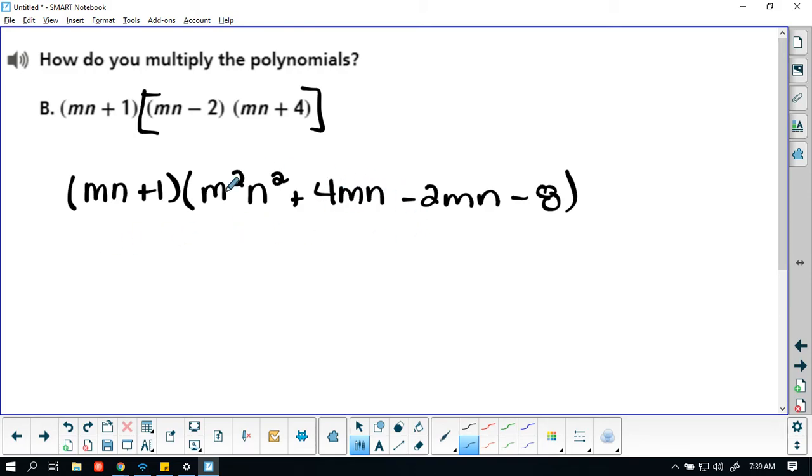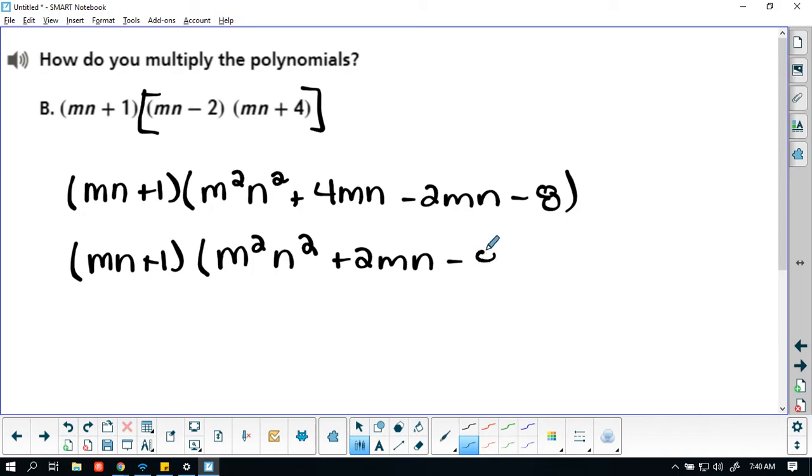Combining my like terms, because again I have to follow PEMDAS, so I'm going to look at this first grouping. And this is m squared n squared plus 2mn minus 8.